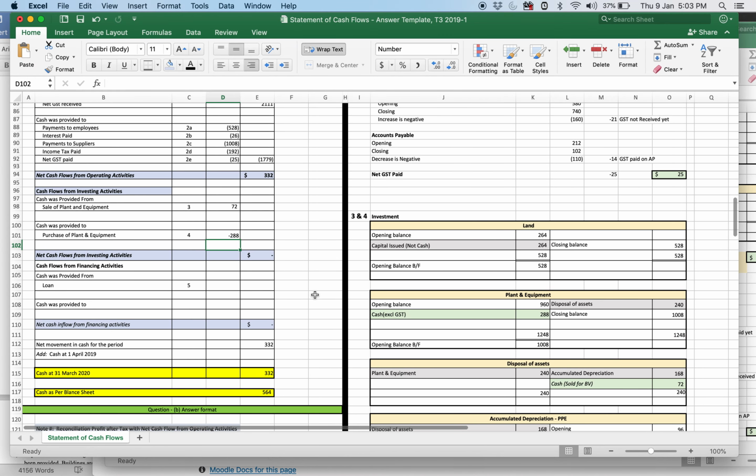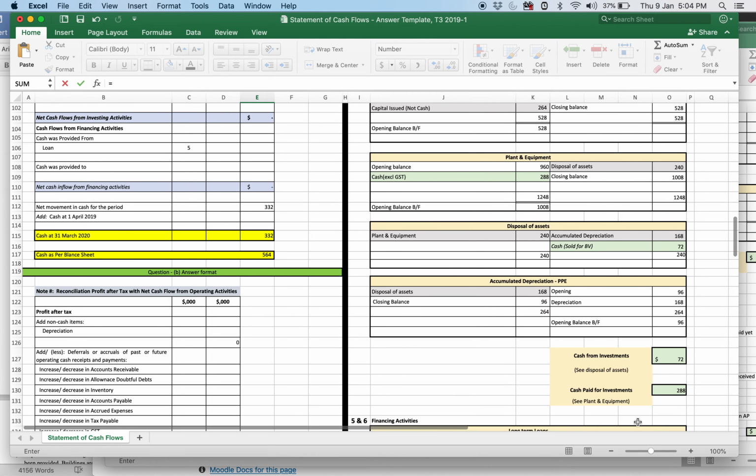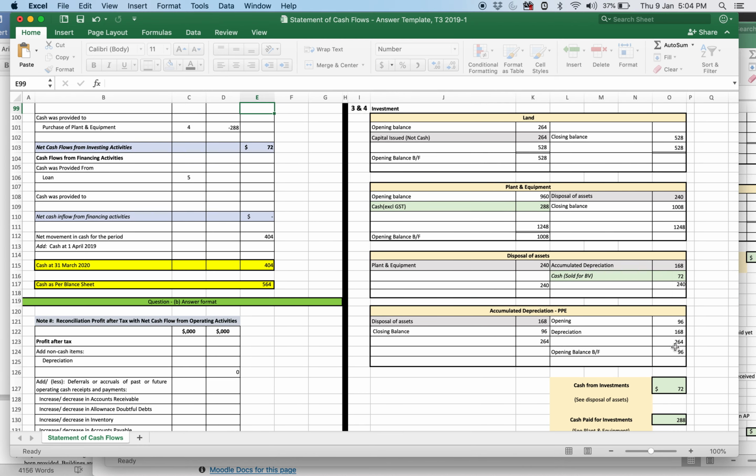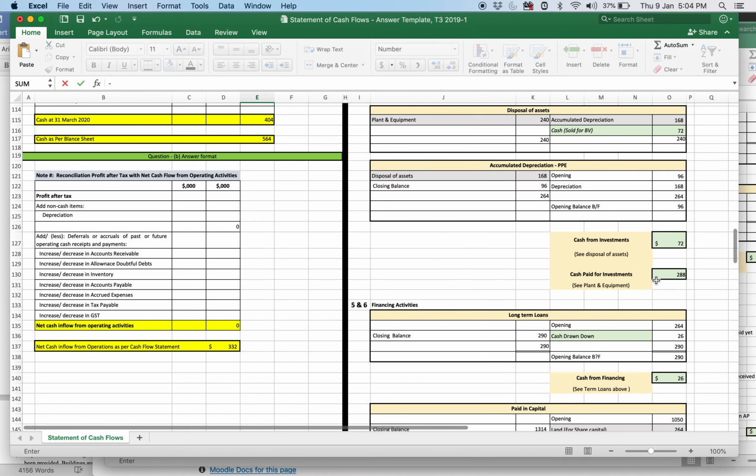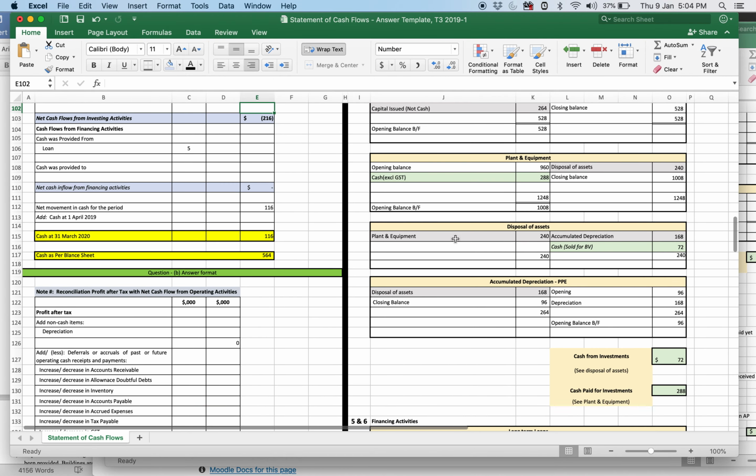I think my formula is just adding up this column. So rather than having sub items over here, I'll just go on like this. So that equals 72. And that one is money going out for plant and equipment.